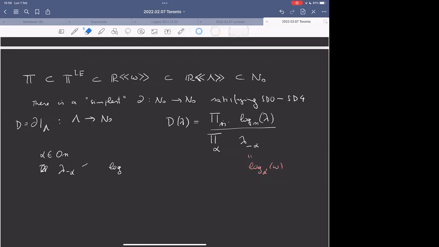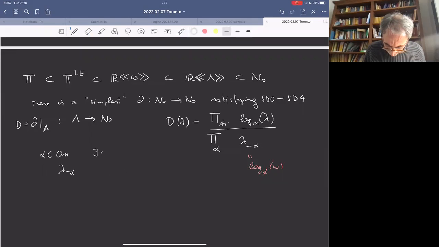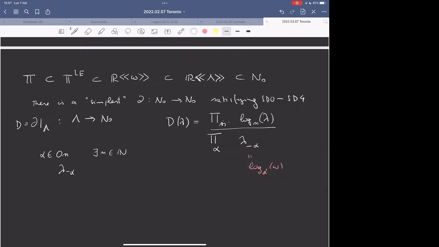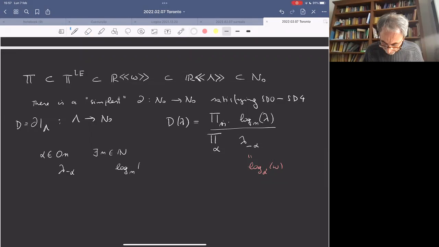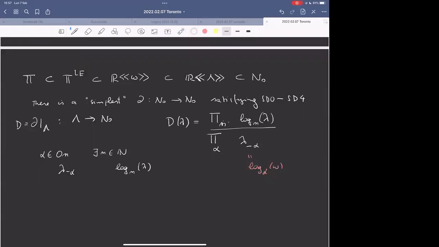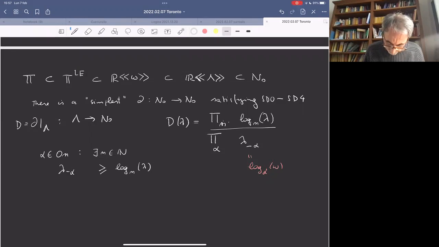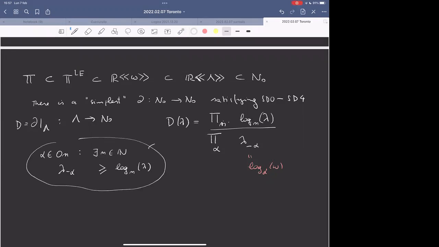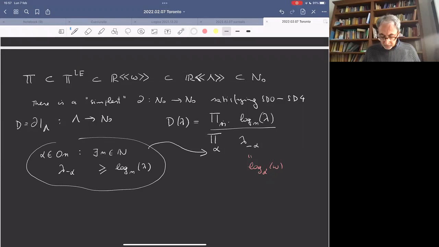Okay. So you want to say there exists a natural number n such that log n times of lambda is less than lambda minus alpha. Okay. So alpha ranges over the ordinals with this property.